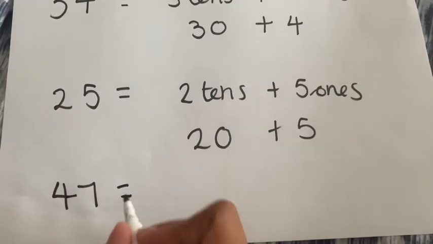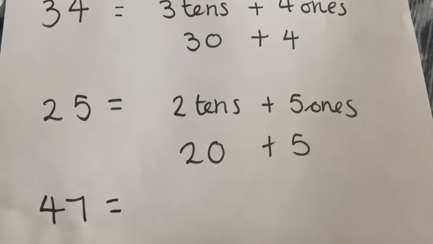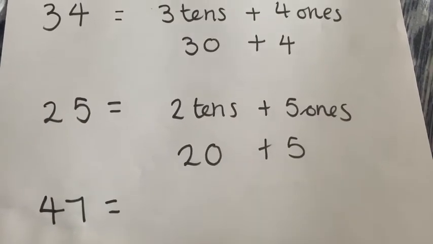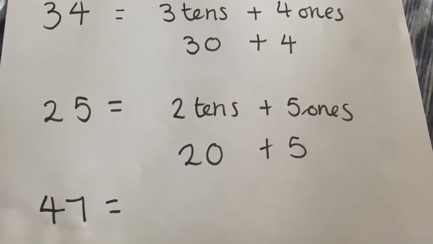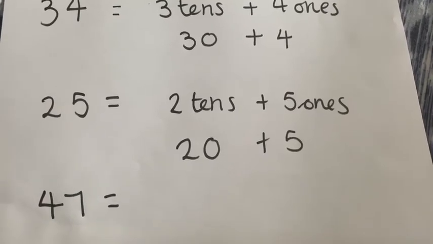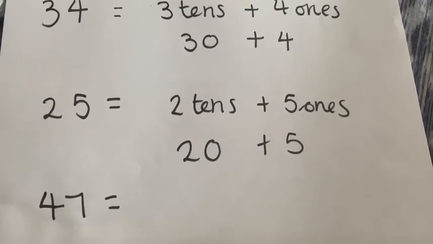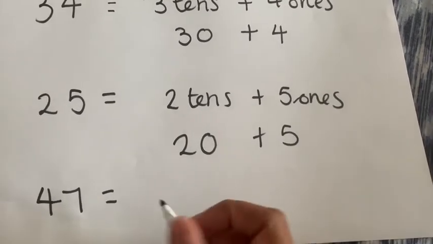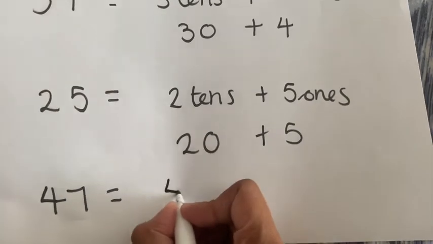Have we got this last one? 47. What is 47 the same as? Can we partition it into tens and ones? How many tens does it have? How many ones does it have? It has 4 tens.